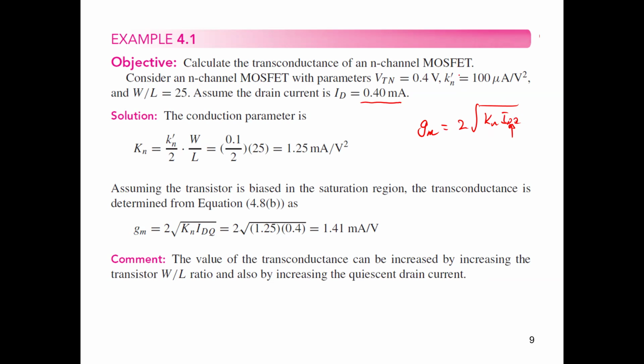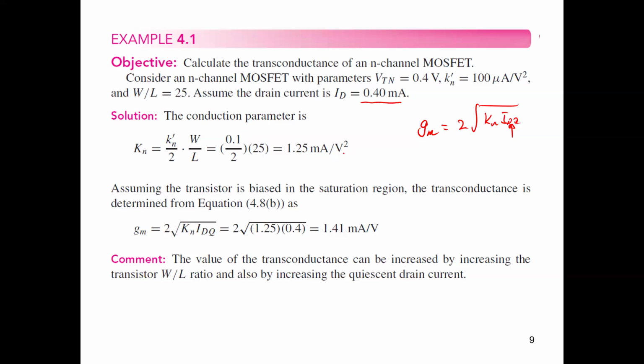So we can say now Kn is nothing but Kn prime divided by 2 times W divided by L. So we discussed this relation before in the early beginning of the discussion of the MOSFET construction and operation. So 0.1 divided by 2 times 25. This is going to be our conduction parameter, 1.25 milliampere per V square.